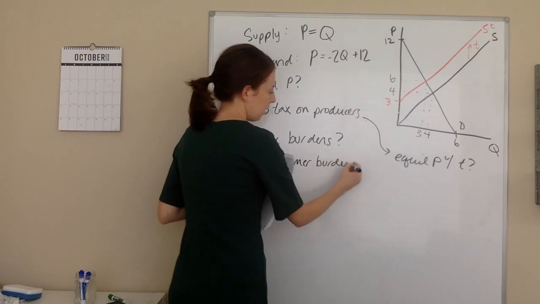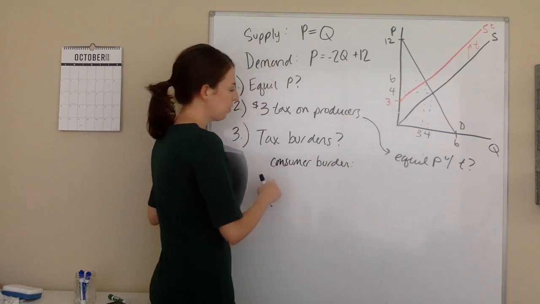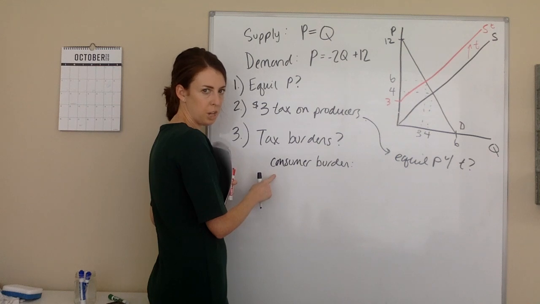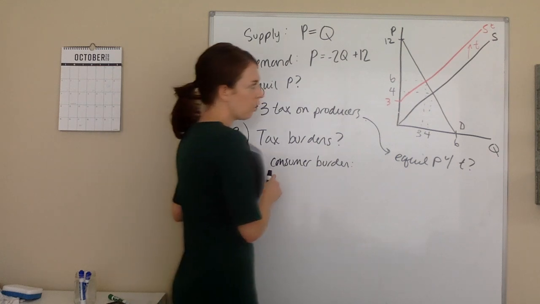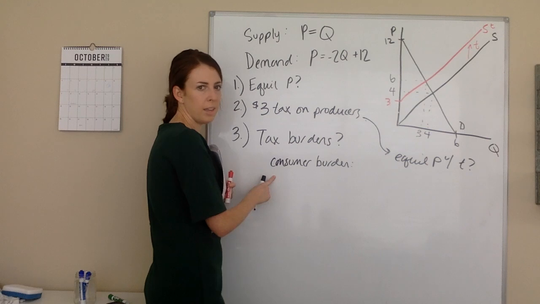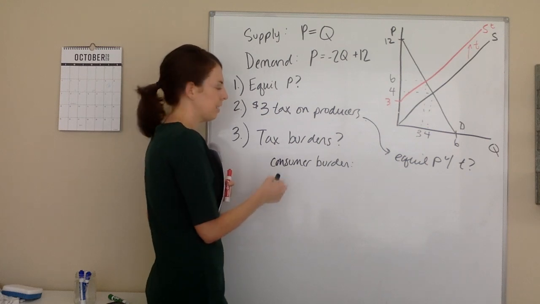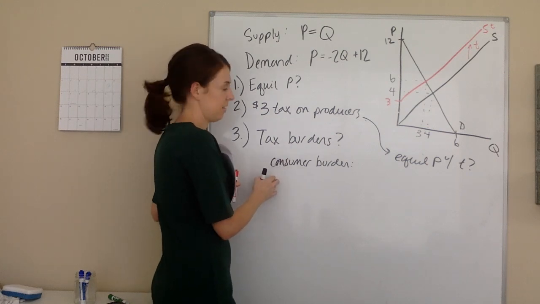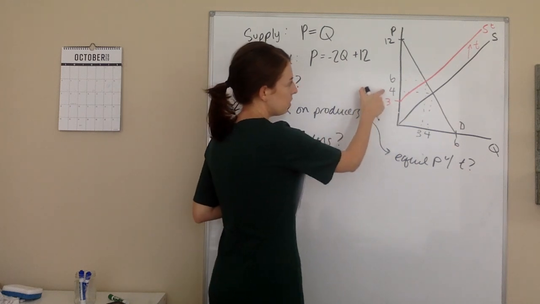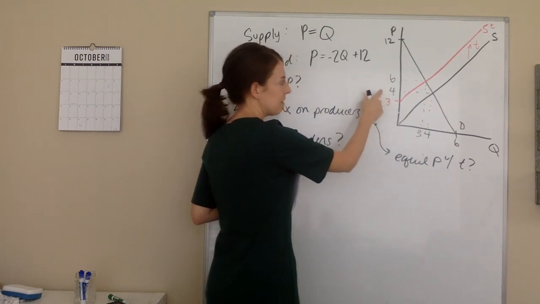For the consumers, recall they're not the ones who have to write the check to the government for the tax. So all the consumers care about, since they're not explicitly paying the tax, is the difference between the new and the old equilibrium prices.